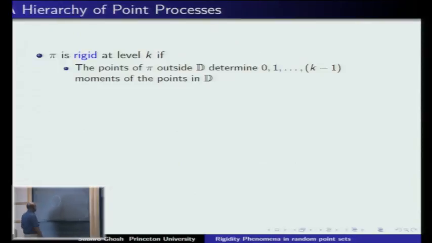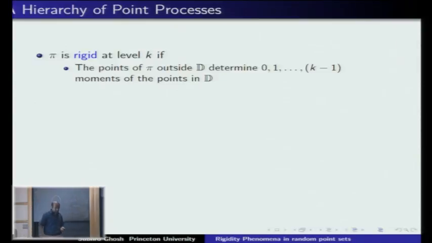If there are n points inside, and if the sum is known, the number of points we can think of as the 0th moment of the inside points in some sense, and the sum we can think of as the first moment of the inside points in some sense.